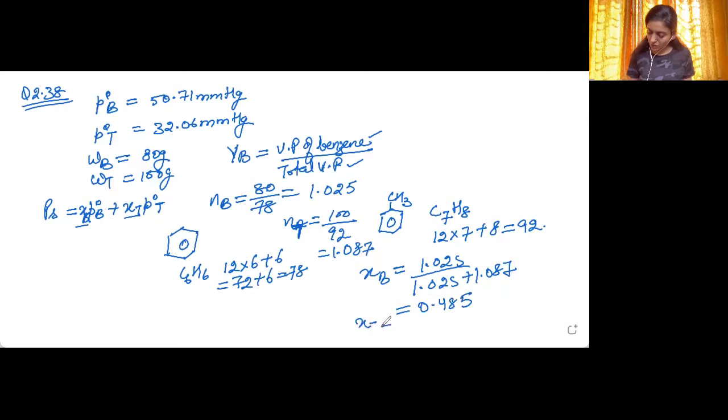So XT will be equal to 1 minus 0.485, so it is equal to 0.515.